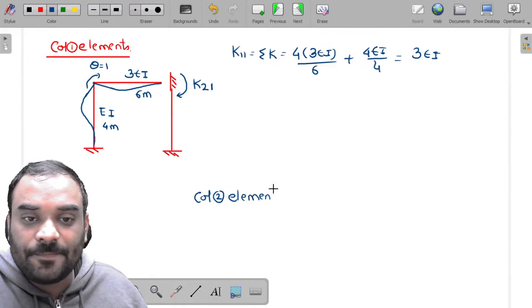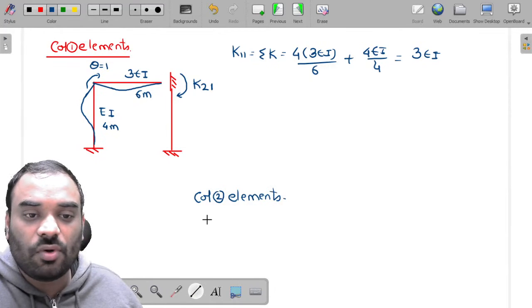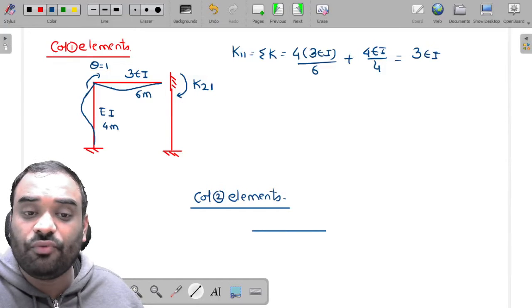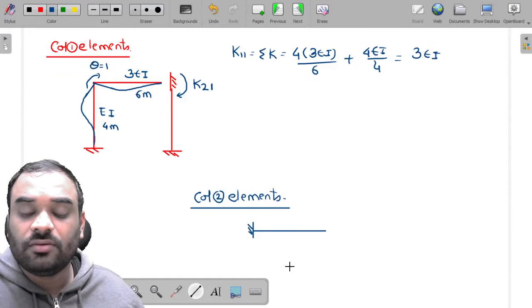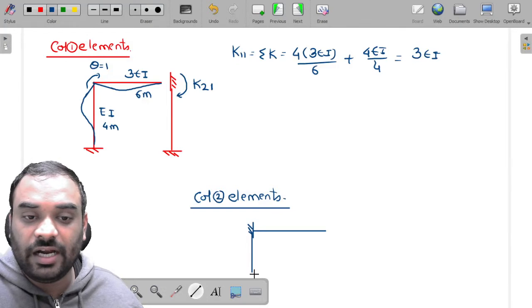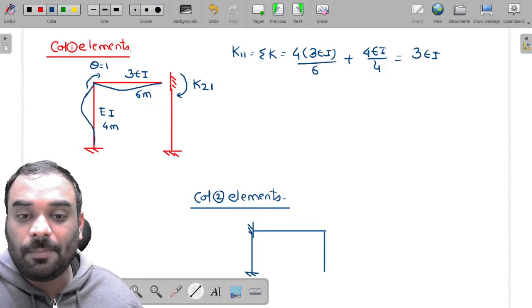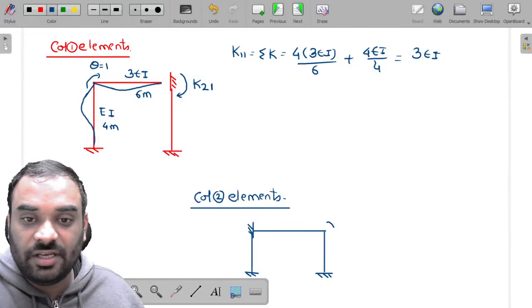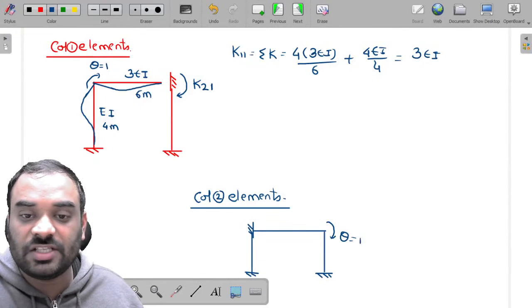Let me show you something. Column 2 element. So my dear friends, for column 2 element, what do we have to do? Again, we have to fix direction 1 and apply unit rotation in direction 2 only. It means theta is equal to 1.